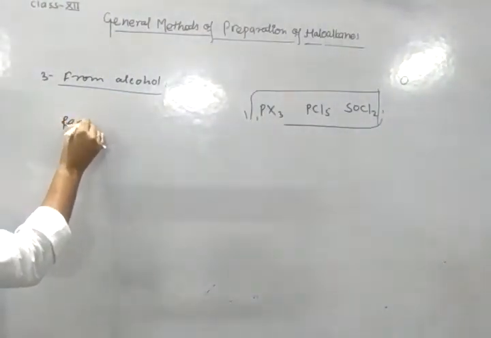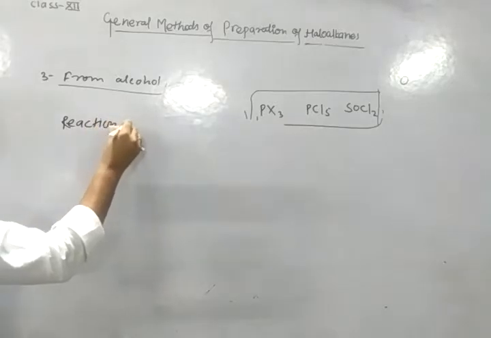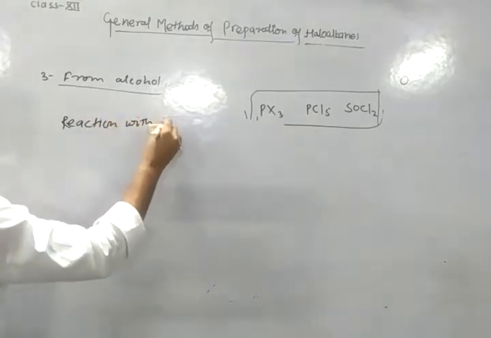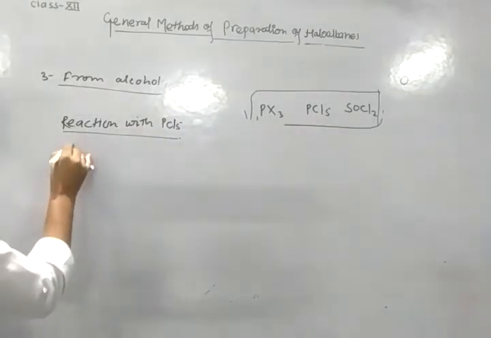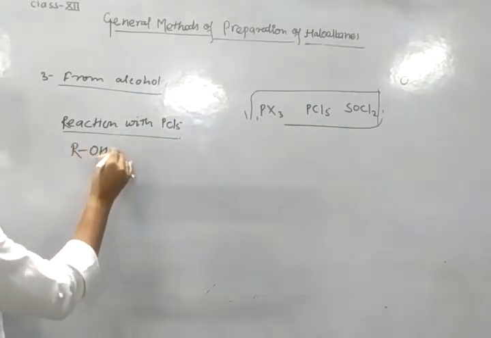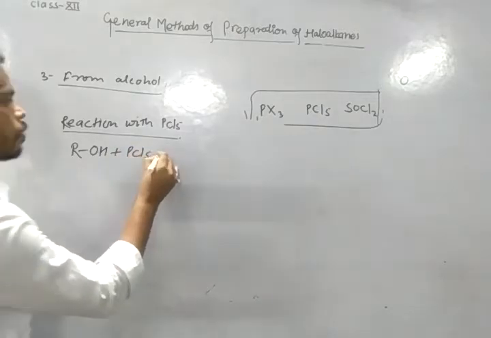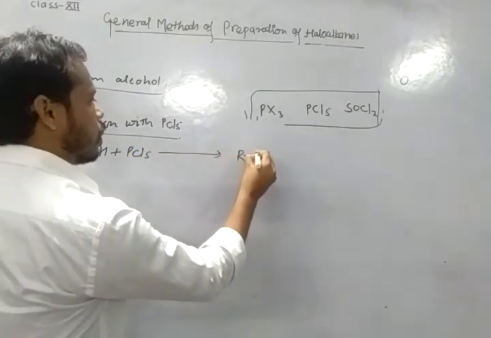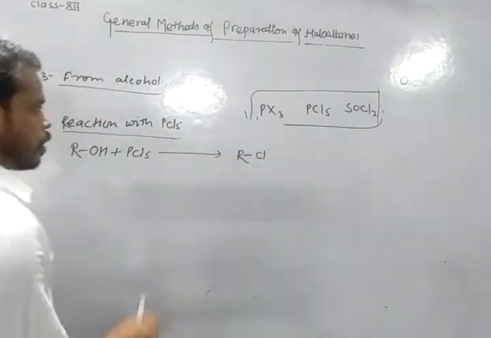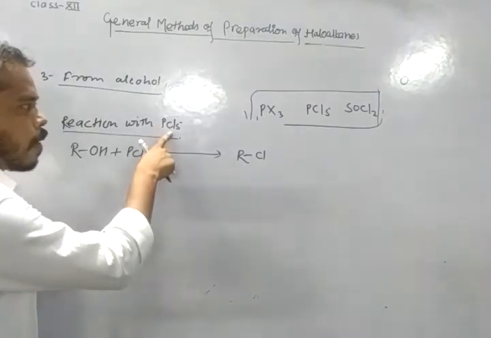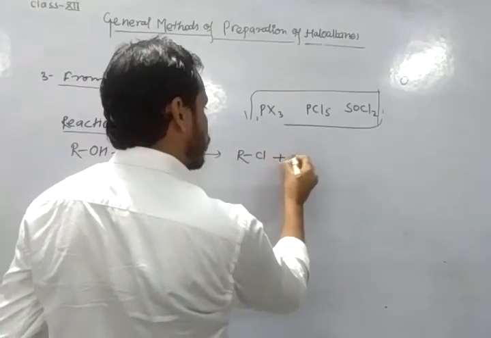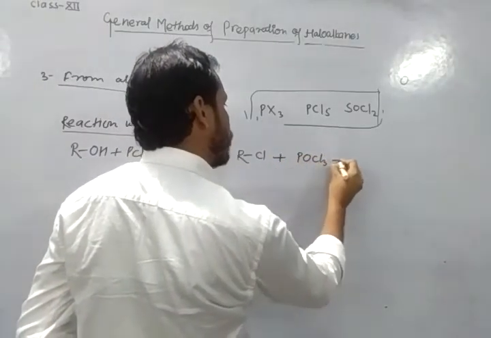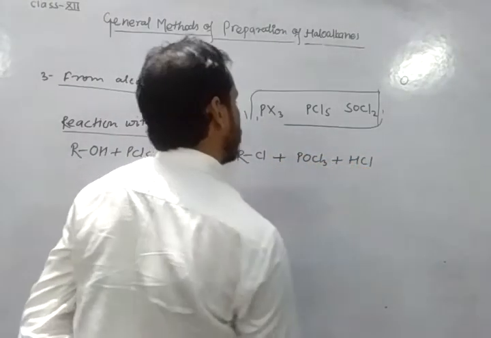Reaction with PCl5: when alcohol is treated with PCl5 it forms alkyl chloride, because in this compound chlorine is the halogen atom, plus POCl3 and the byproduct HCl.